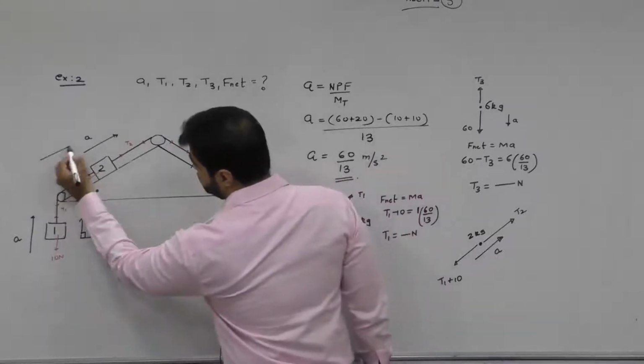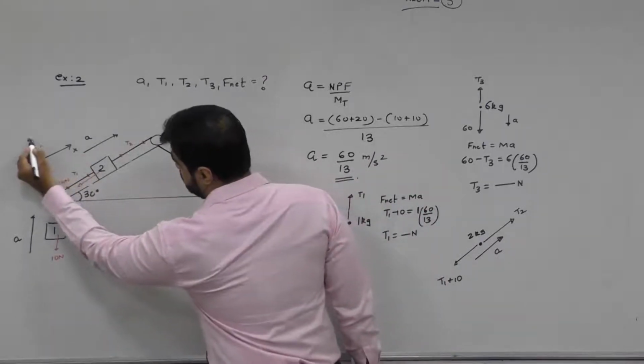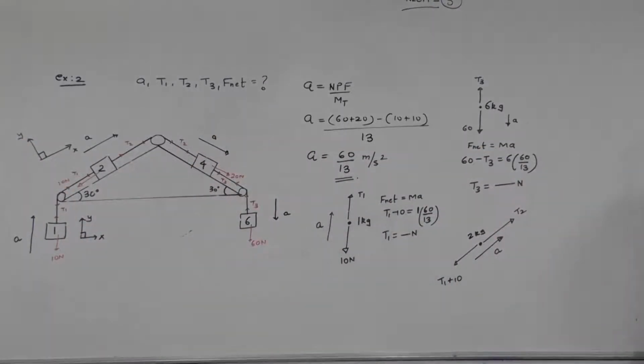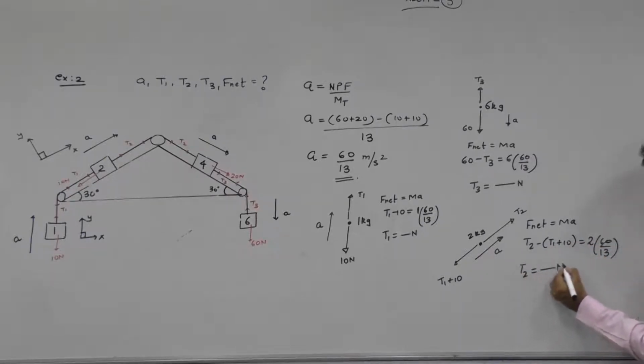Now this is your x axis and this is your y axis. You understanding? So I'll apply the net force formula along this line. Where is the system going up? So net force will be T2 minus T1 plus 10, equals 2 into a. What is a? 60 by 13. Over here you will get T2, because you can substitute T1 from here.